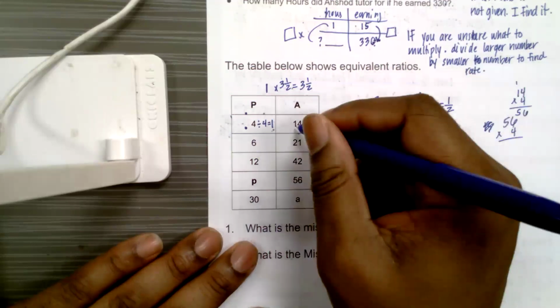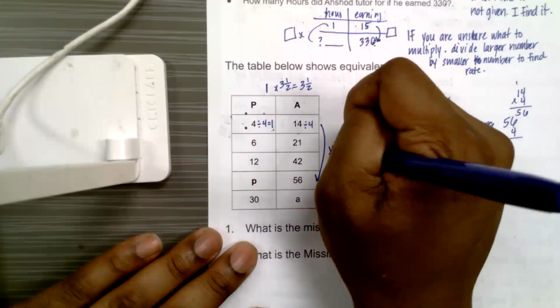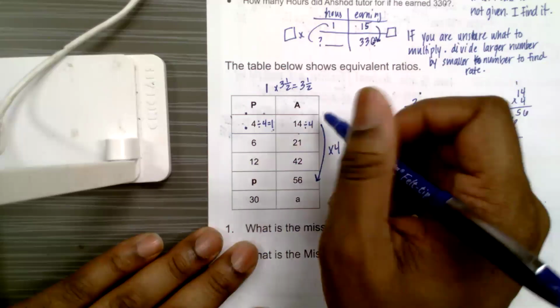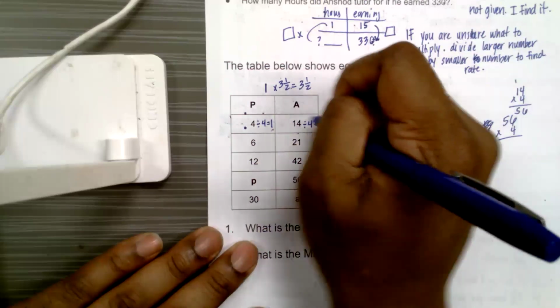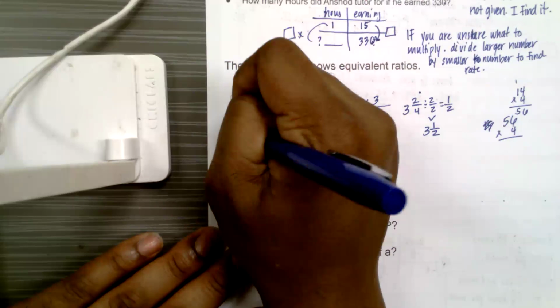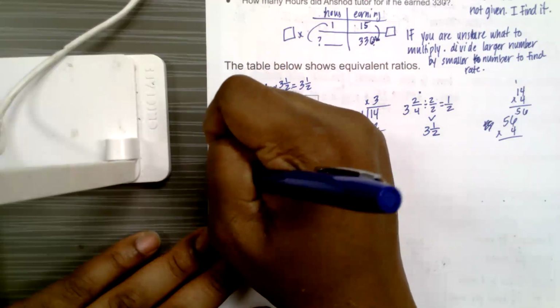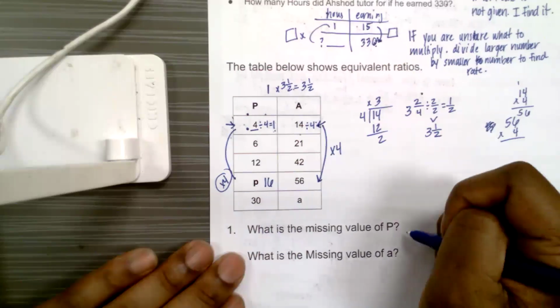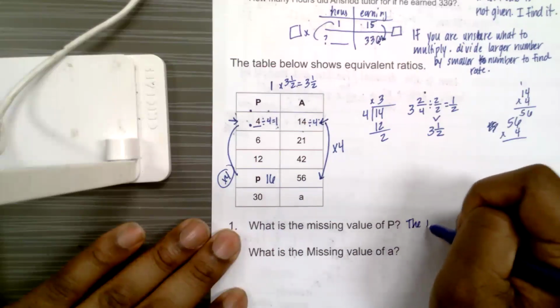Yeah. So to get from 14 to 56, you multiply times 4. So what are you going to have to multiply by 4 on the other side? Well, since we're dealing with 4, we have to multiply 4 times 4, and 4 times 4 is 16. So the missing value of P is 16.